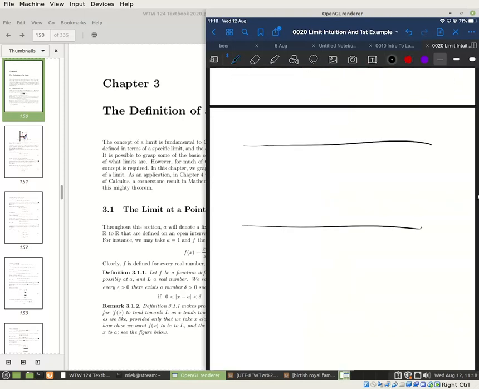So for every epsilon, so 0, 1, 2, 3, 4, 4 is over there.